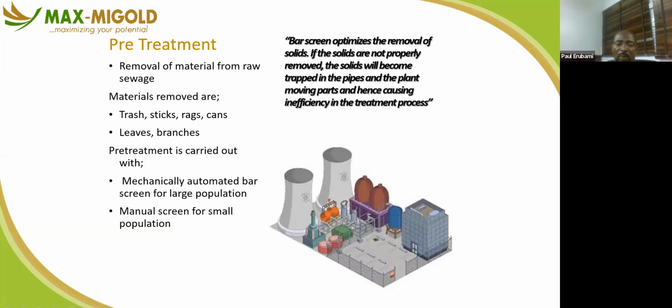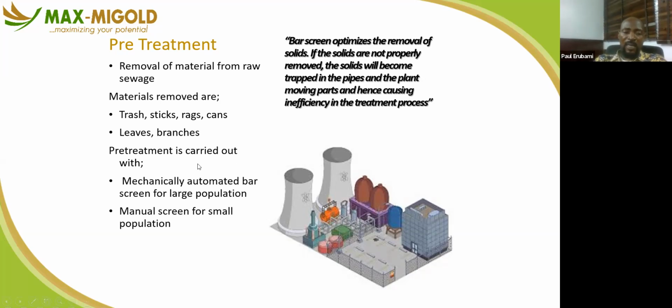But during the pre-treatment of your wastewater, the first stage is the screen. The screen is where they discharge the sewage. What the screen does is remove all the foreign material that comes alongside the sewage. And what are those foreign materials? Your nylon, your bottled water, your sticks, your rags, your leaves, your trash, and all sorts of foreign material that water will definitely have.